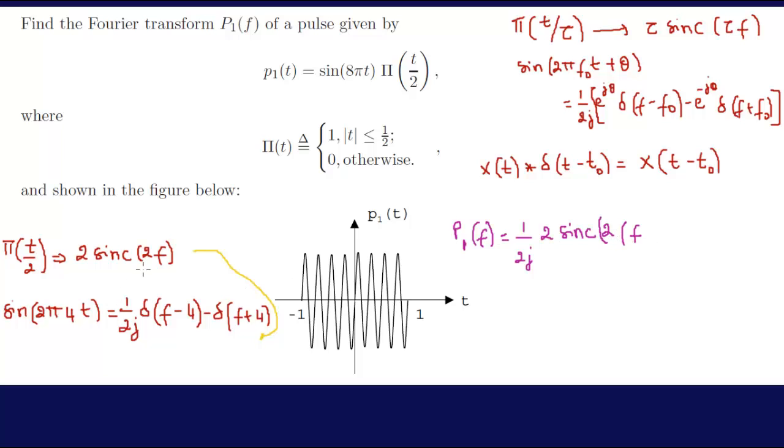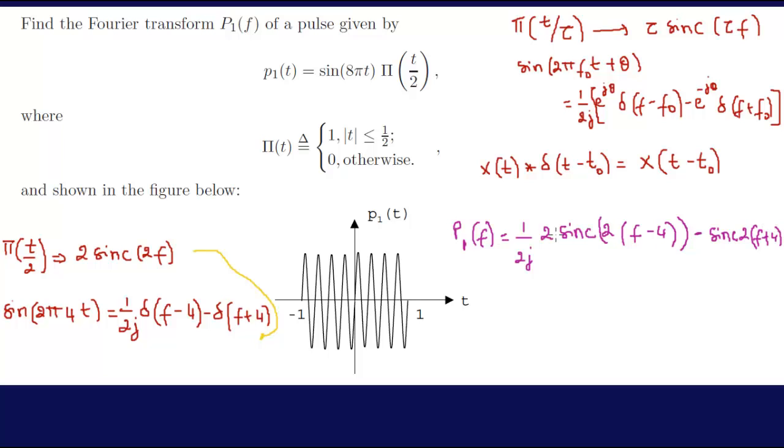So I have my 2, but then the function itself will be shifted by the delta function, whatever it is in the delta function. So I have naturally f minus 4 here, minus sinc of 2f plus 4, and that's it. That's the final answer here.